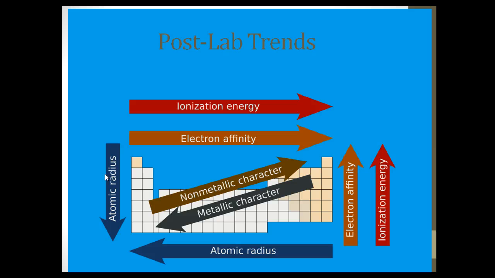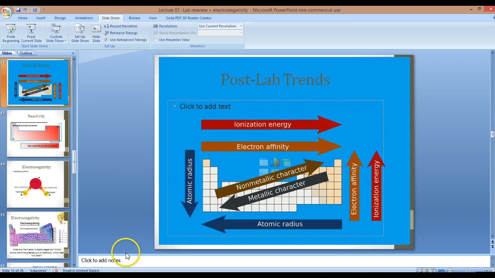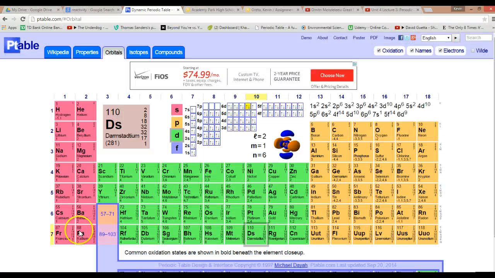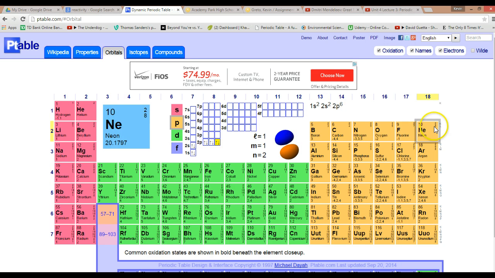Alright, we could stop there and be satisfied, but I want to show you one more thing. We talked earlier that the noble gases are happy and stable because their s and p orbitals, so the 2s and the 2p orbitals for neon, are completely full.